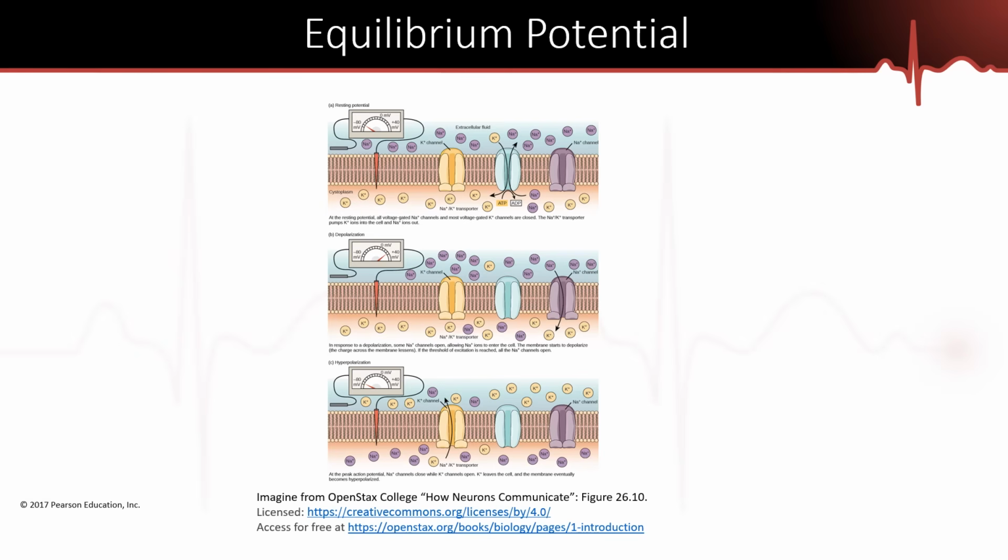And in a little bit more of an advanced conversation, you would want to know the equilibrium potential for those ions as well in order to be able to factor them in to the resting membrane potential. But for the sake of this lecture, we will only focus on sodium and potassium because they're the most important two ions. So let's go ahead and use our knowledge of sodium and potassium's equilibrium potential with regard to neurons to determine the resting membrane potential.